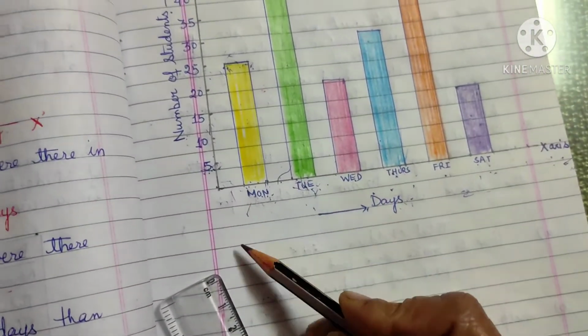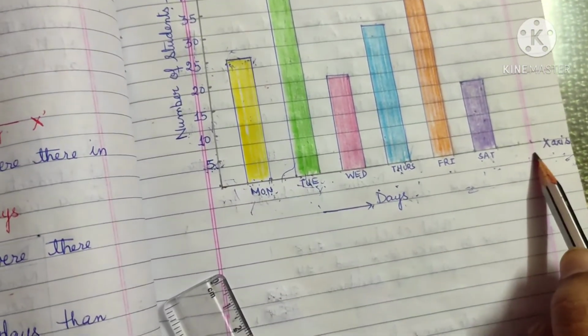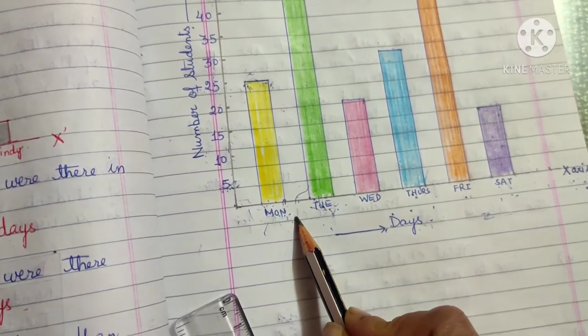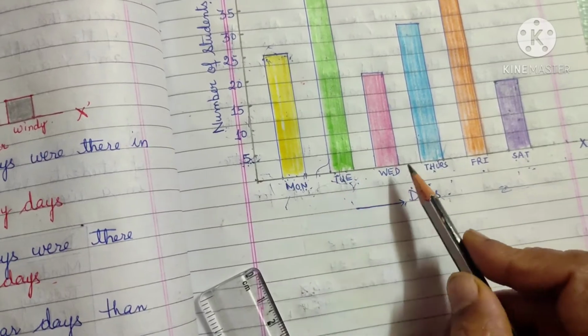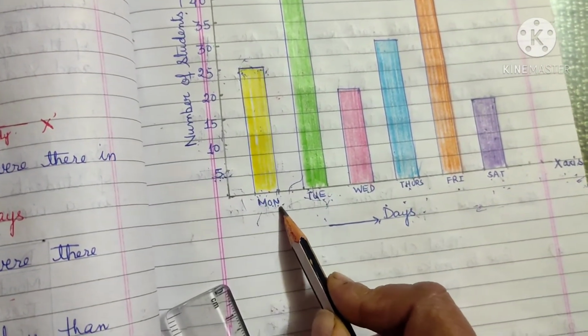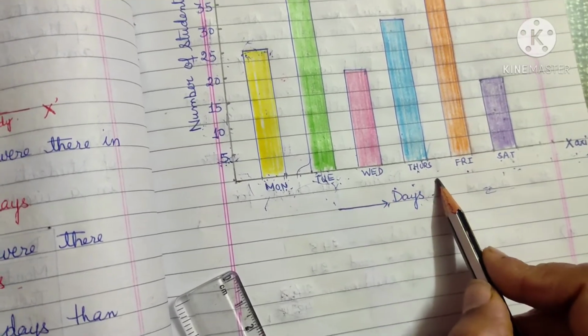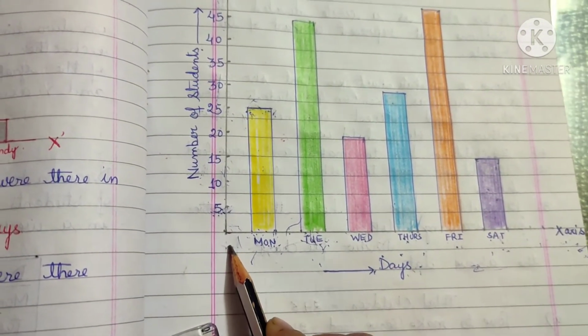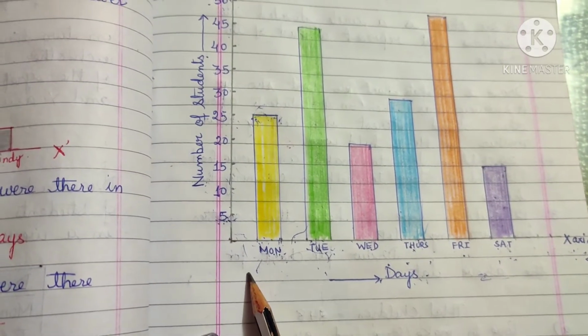Okay. Now on the x-axis, I have marked the information given in the data, that is, the names of days. And 1 day is equal to 1 centimeter.